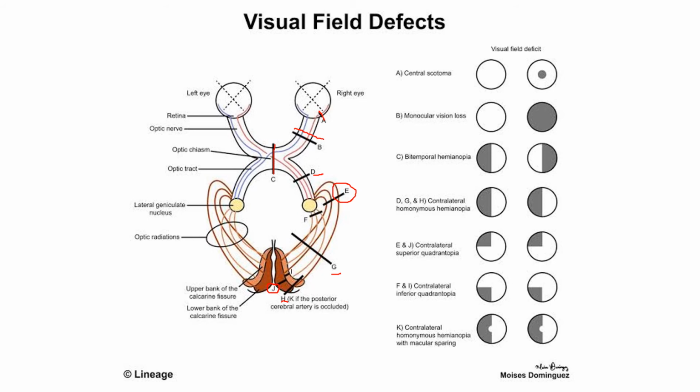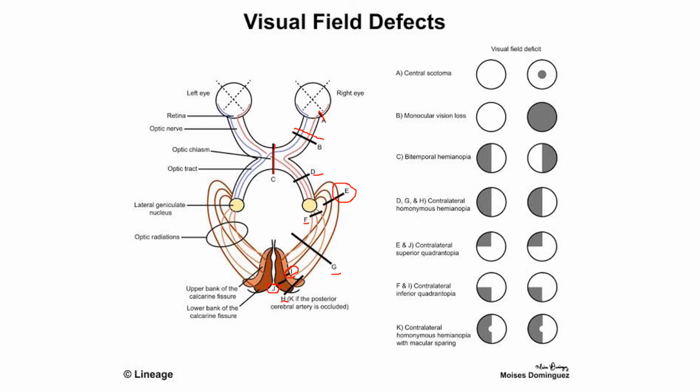And then, meron din tayong kapag sa F, kapag malapit sa optic radiations, and sa I, yan, pag dyan ka nagkaroon ng problema sa mga calcarine fissures and optic radiations, okay, near the lateral geniculate nucleus, you can also develop a contralateral inferior quadrantanopia.